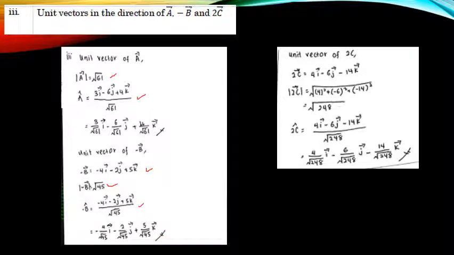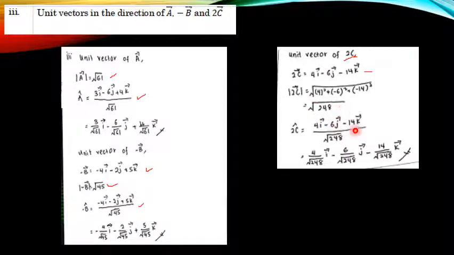For the unit vector of 2C, the vector C from just now is multiplied by 2, so we get 4i minus 6j minus 14k. The next step is to find the magnitude of vector 2C, which is square root 248.